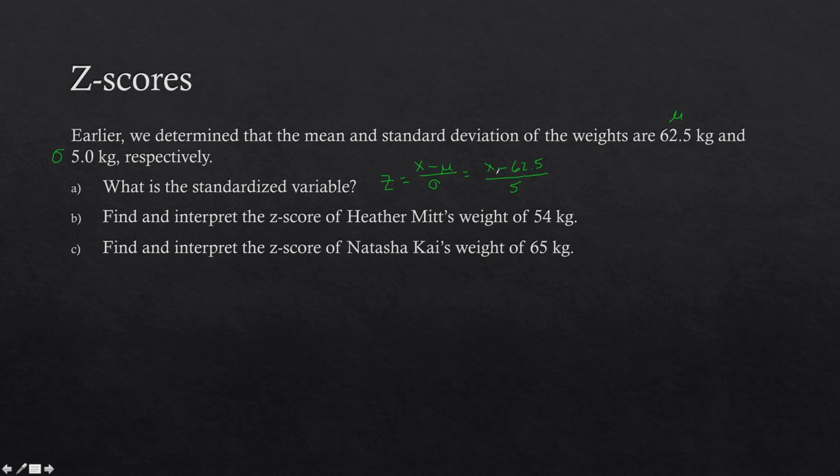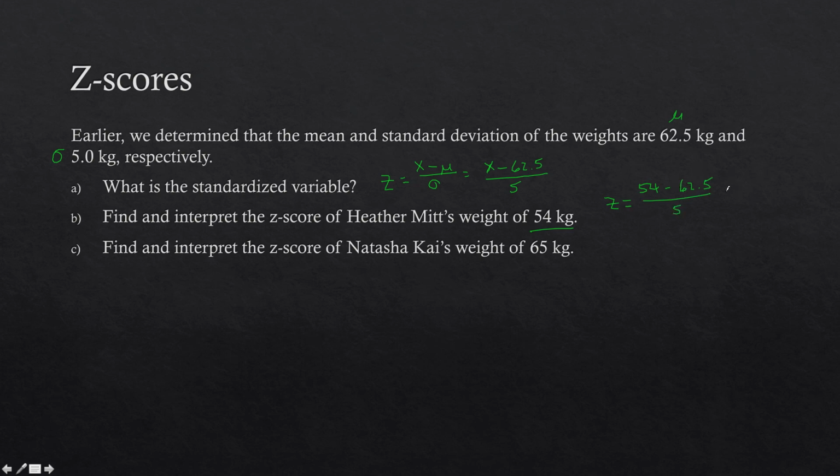So now we could change every one of those soccer players' weights into a standardized variable so we can compare them and see how many standard deviations they are away from the mean. So look at Heather Mitt's weight. Heather Mitt is 54. So let's find her z-score. This is going to be 54 minus 62.5 all over 5.